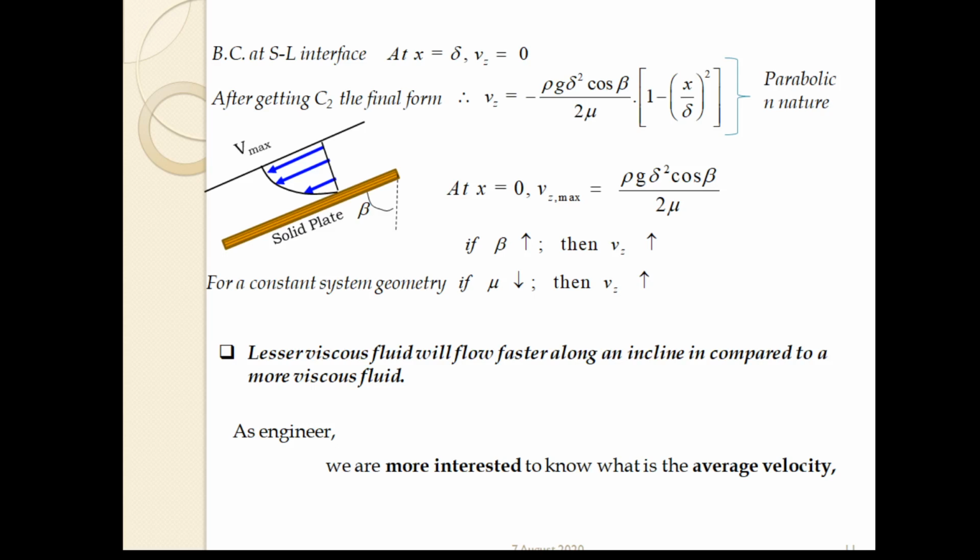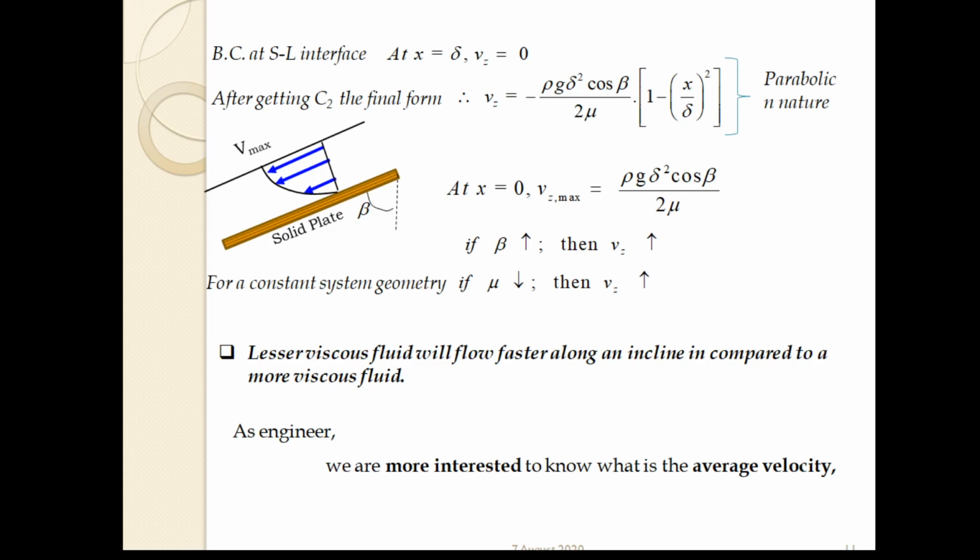So at the liquid-air interface the velocity is maximum, and at the solid-liquid interface the velocity is 0. When we look at the functional form of the velocity variation, we see that it is parabolic in nature.